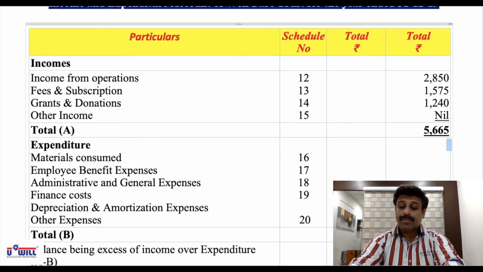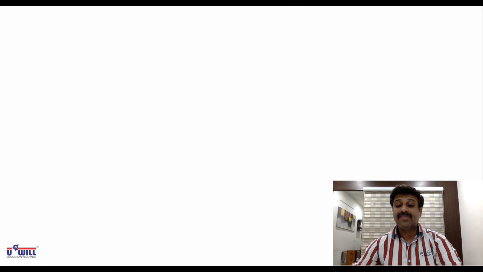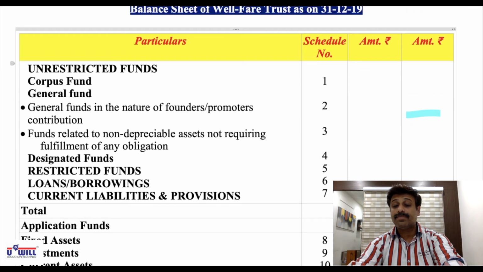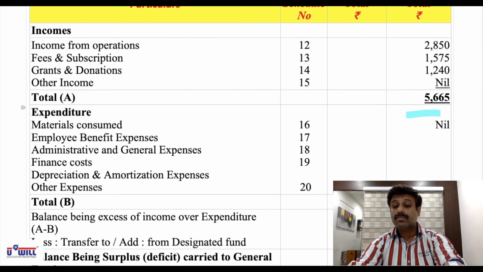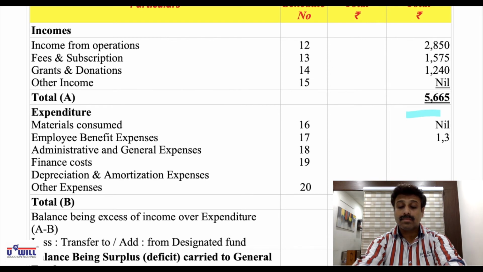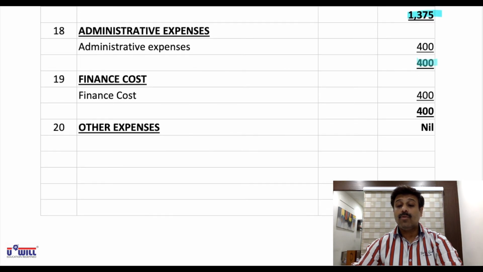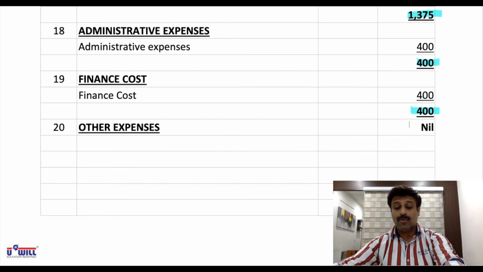Now material consumed is nil. Employees benefit expenses we have 1375. Okay, employees benefit expenses 1375. Then administrative expenses also we have in schedule 18, 400, and finance cost also 400.